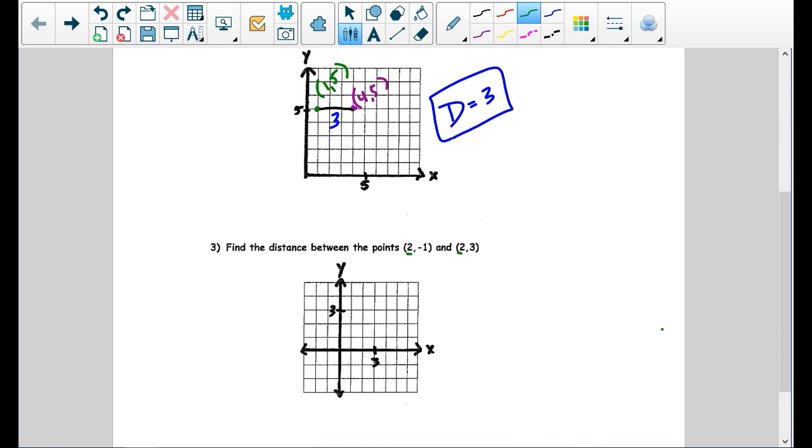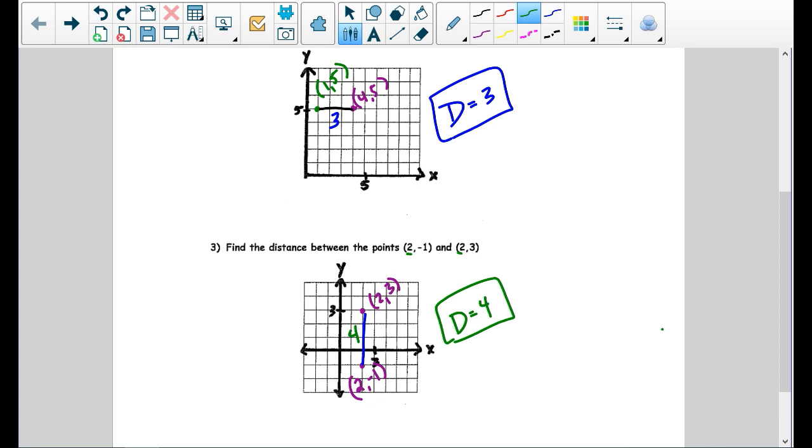So I can plot these 2 points, 2, negative 1, and 2, 3. Again, when I connect these 2 points, I'm following that grid line. I can just count those. So right here on my line, 1, 2, 3, 4. So here my distance is equal to 4.